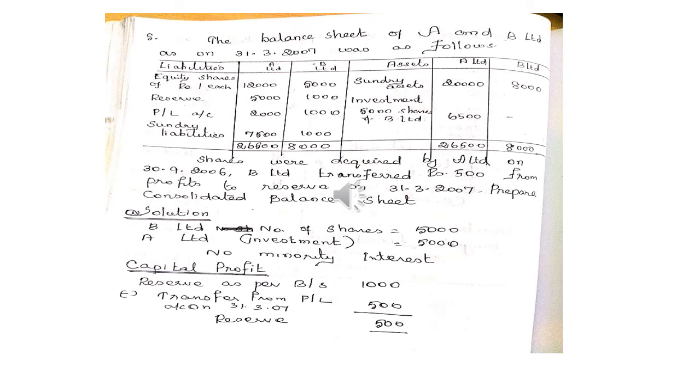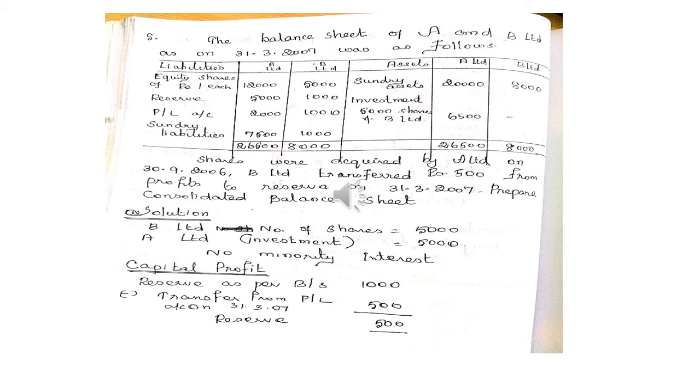Next problem, it is also an important problem. The balance sheet of A and B Limited as on 31st-3-2007 was as follows. Liabilities: equity shares, per share value is rupee 1, 12,000 and 5,000. Reserve, profit and loss account, sundry liabilities are given on the liability side.